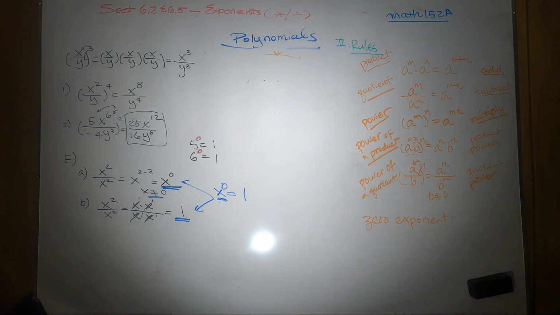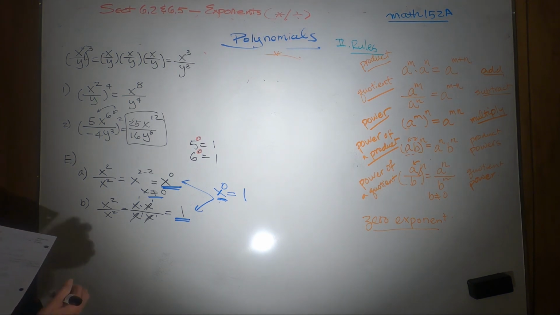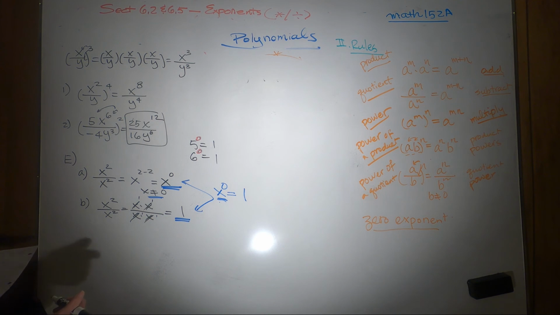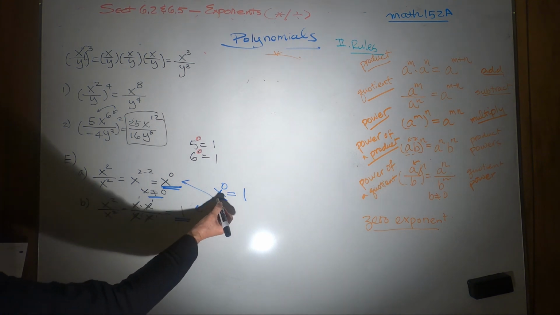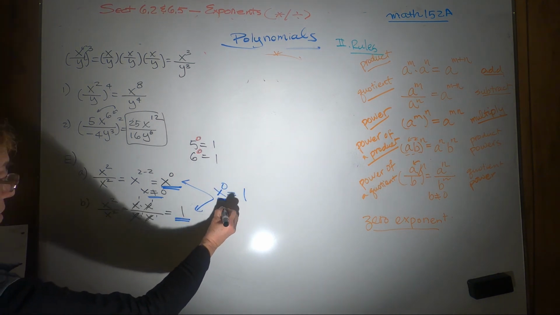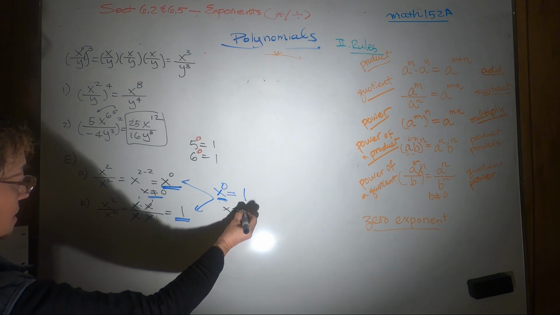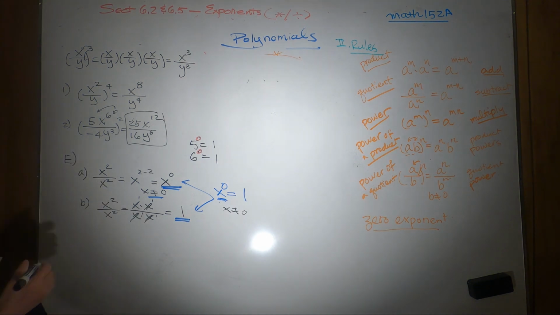So anything to the 0 power is what? 1. Okay? If you look at some numbers, so in general, x to the 0 power is 1. x cannot be 0. We don't use base 0.